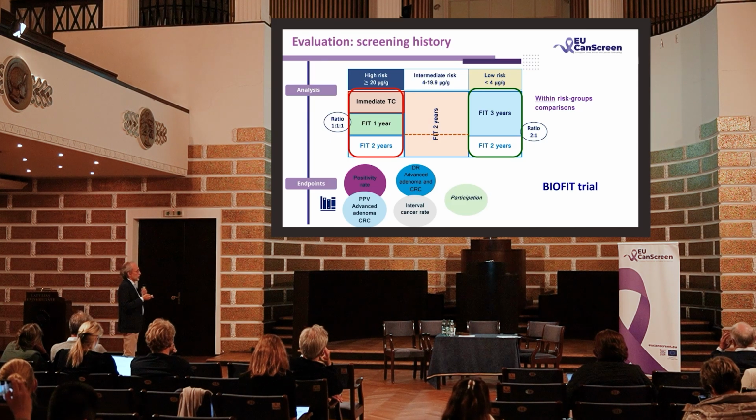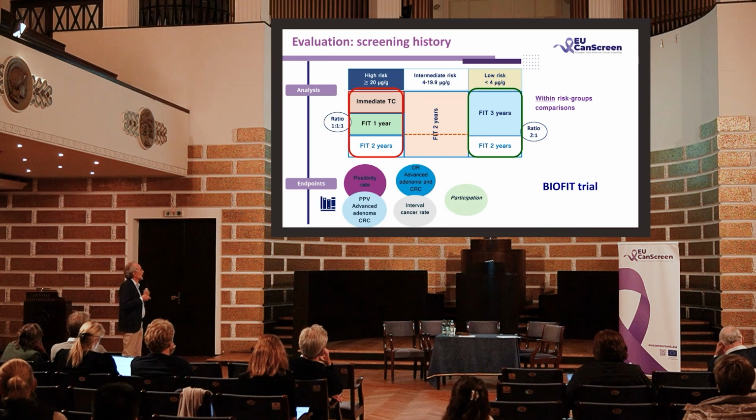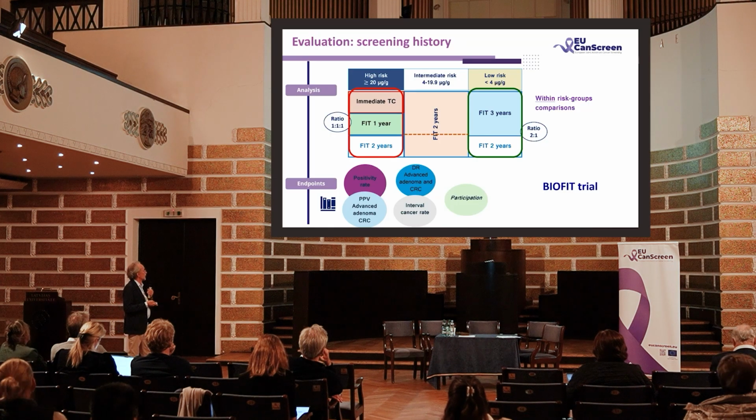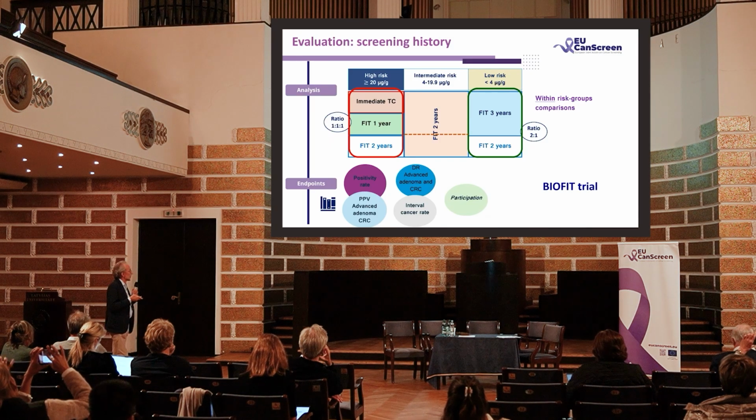We can also in our case have the comparison between the standard arm and the risk-adapted arms, but our analysis is focused mainly on the difference within each risk group, and not mainly across the interventions. The endpoints are positivity rate, positive predictive value, detection rate of adenomas, interval cancer rate. We are also considering participation.